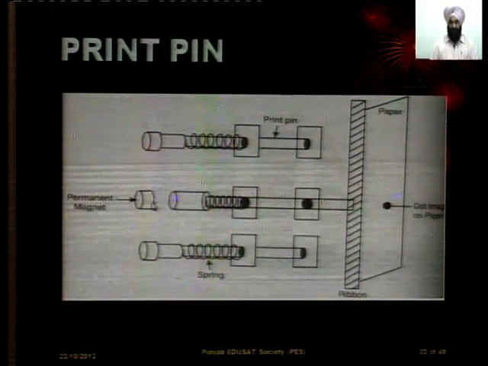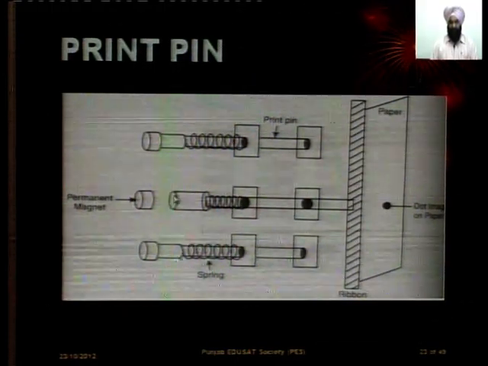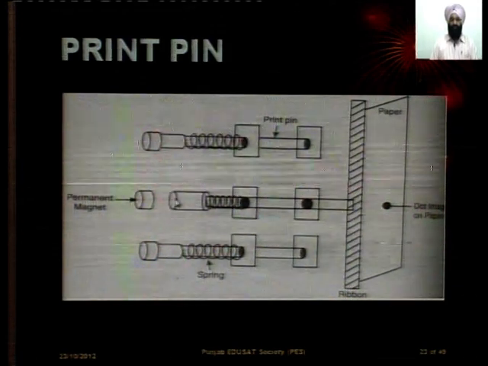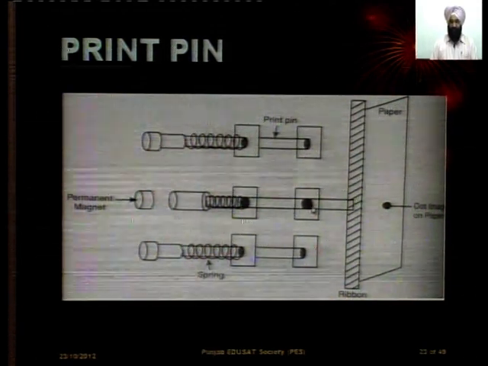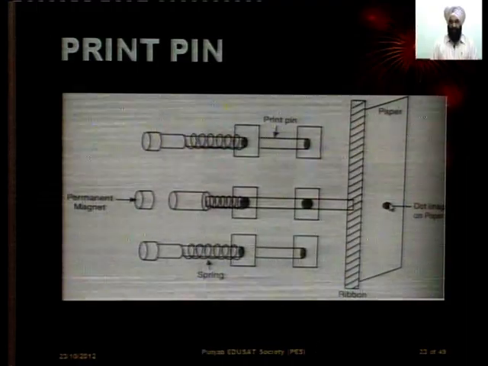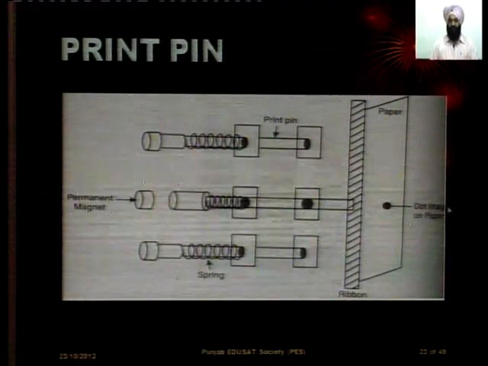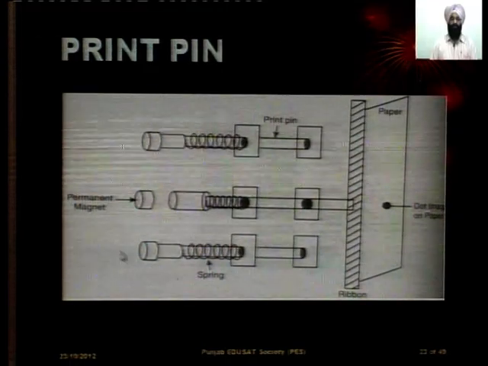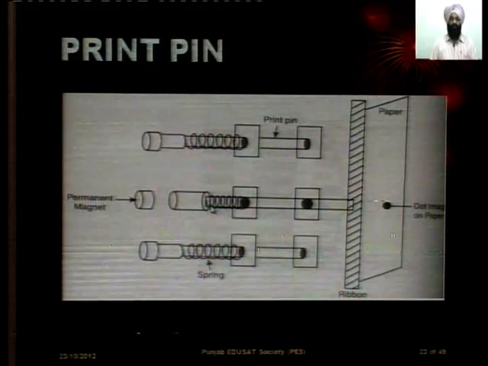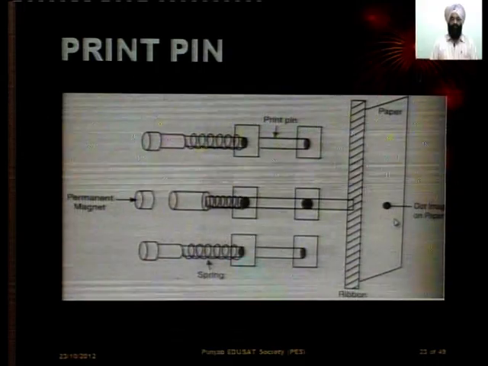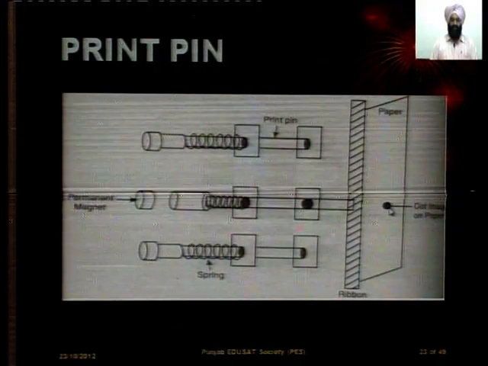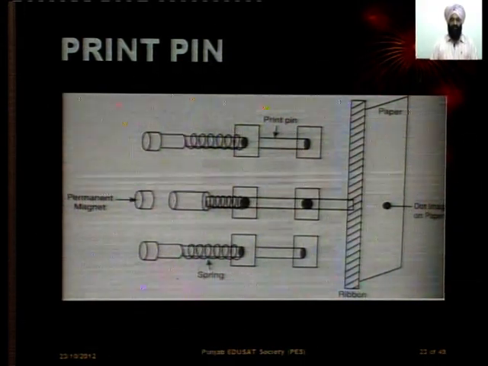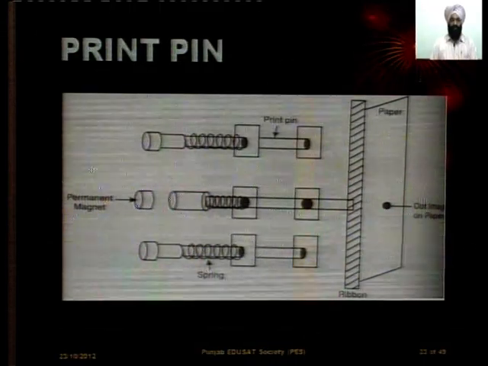By pressing, this pin presses the ribbon and that ribbon produces the dot image on the paper placed along with this ribbon. So, this is how the print pin gives the impression of its equivalent dot on the paper.